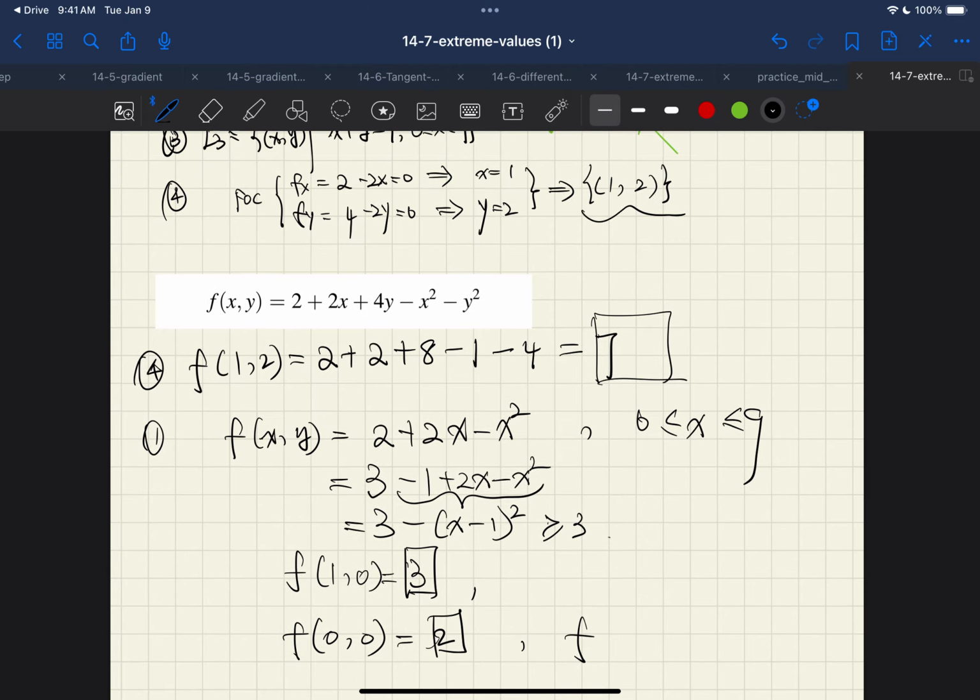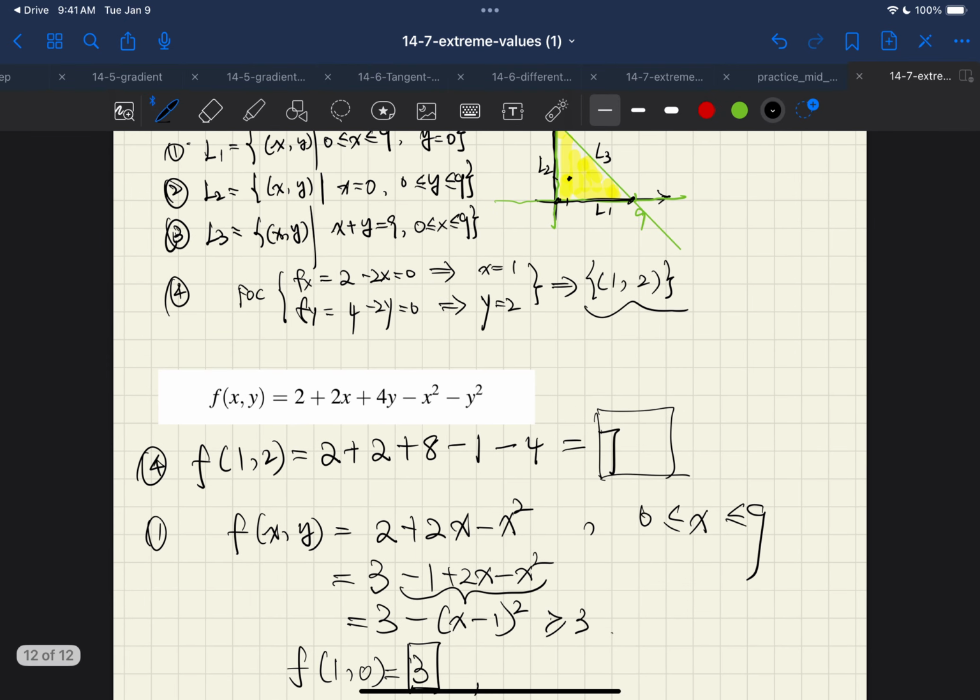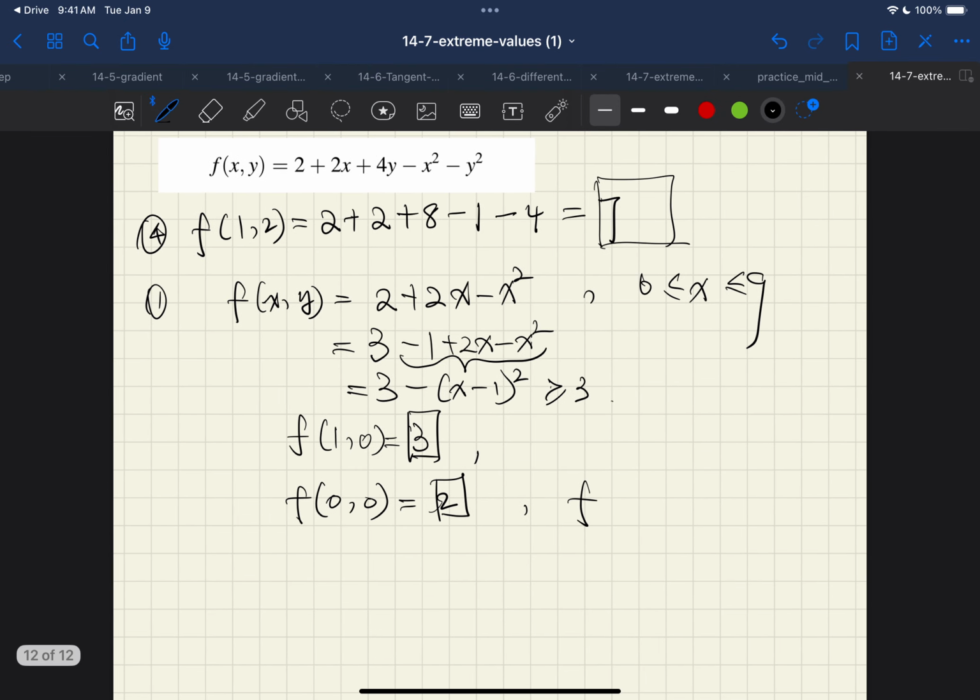And another corner here is (9, 0), f(9, 0), which is 2 plus 18 minus 81, which is likely to be the minimum, so negative 61.